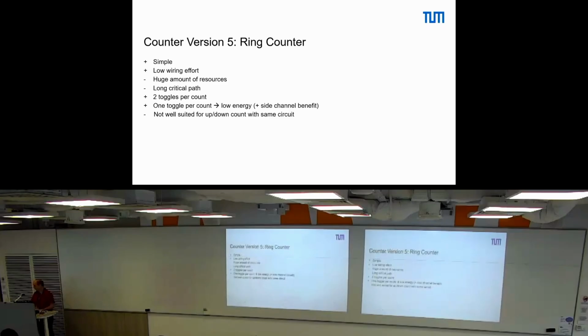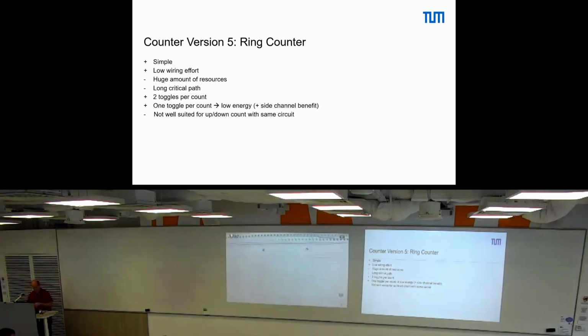Okay, this is a skip. Then I have two other counter structures which I quickly want to mention here. The first one is a ring counter that is very quick. Ring counter means nothing else than we have a sequence of flip-flops connected as a ring.